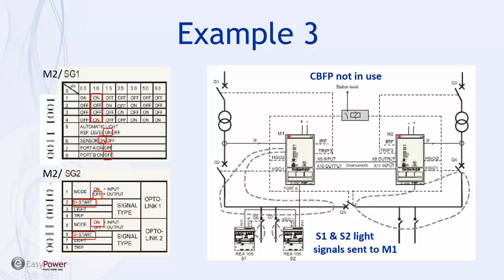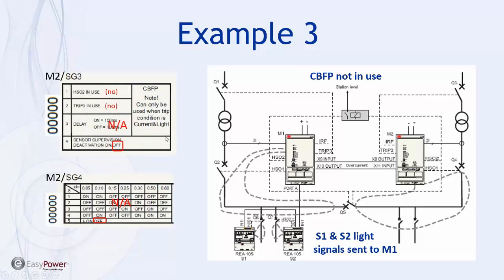In this case, we'll be transmitting current on Optolink 1, and we'll be receiving on Optolink 2, so it's set as an input, off is the output. Output is transmit, and input is receive. So transmitting on Optolink 1 and receiving on Optolink 2.